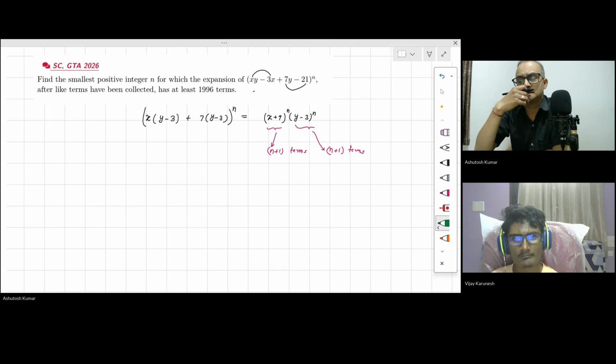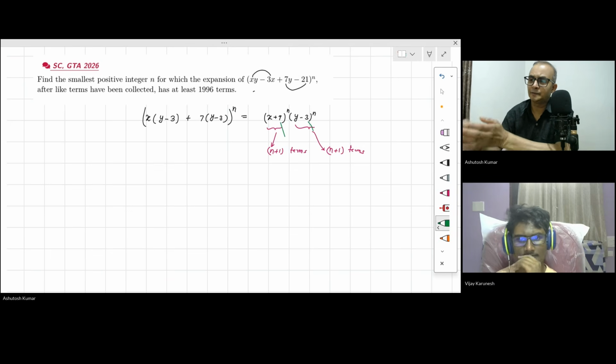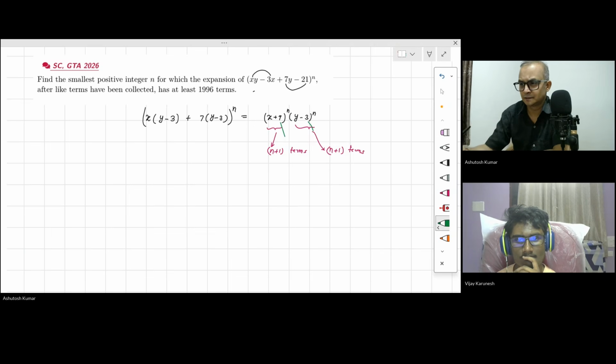Here we get the constant part 7 to the power n, and here minus 3 to the power n. The constants are multiplied only one time, because x and y are different variables and 7 and 3 are different integers.